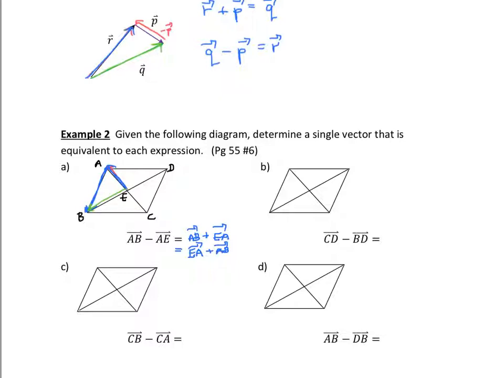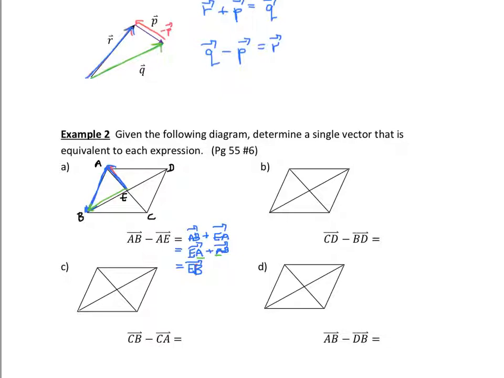Another trick when you're looking at the labels of the vectors: if we have vector EA and we're adding to that vector AB, the resultant will be the first letter from your first vector, so E, and the second letter from your second vector, which is B. So this would be vector EB anyways.